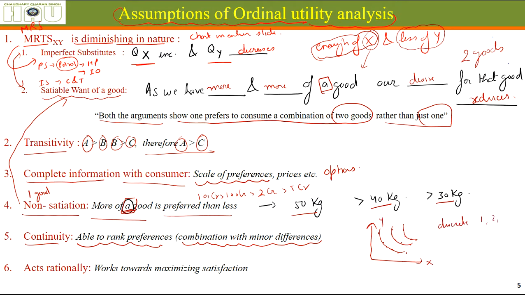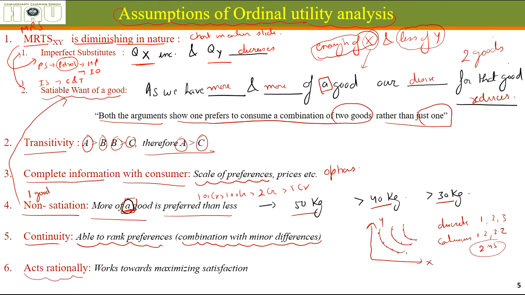Discrete means 1, 2, 3. The quantities will be in continuous form also, at different points like 1.2, 2.2, 2.45. The consumer is able to rank these with minor differences, although this doesn't seem naturally possible, but this is an assumption.